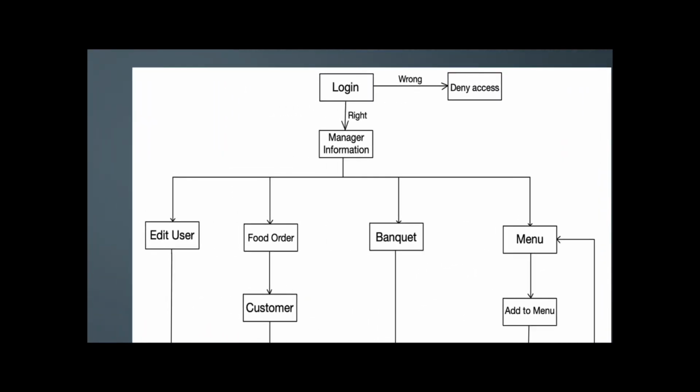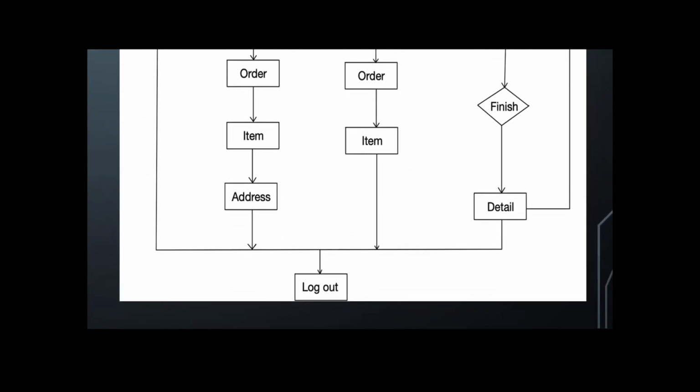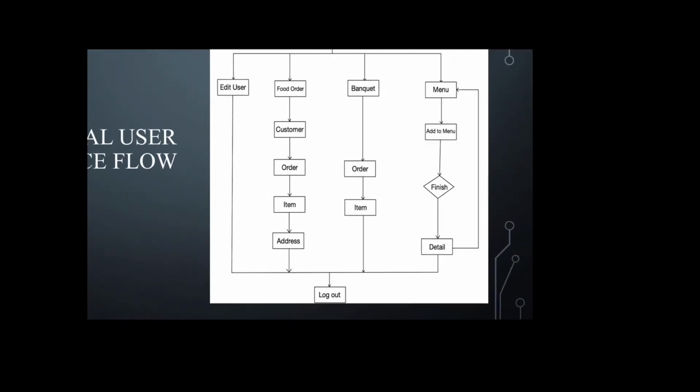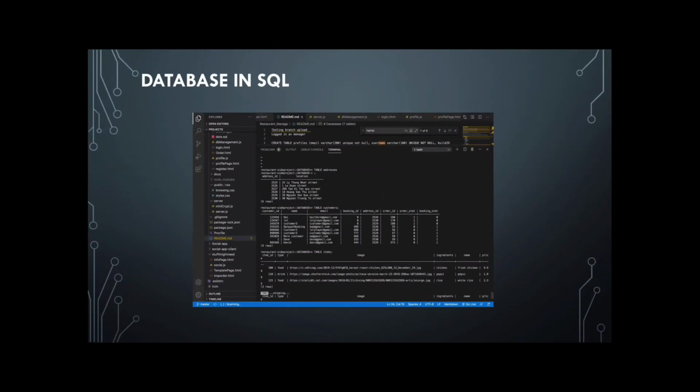So the manager has their own account to access the website and get information of the orders. There are tabs that the manager can access to get information. If they finish their work, they can log out of the account. I will show you how this website works in the demo website part. So we move to the next part.